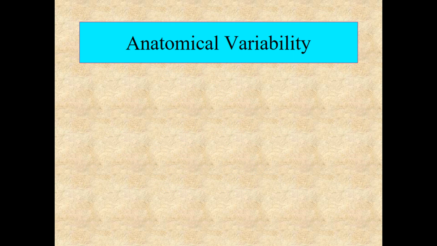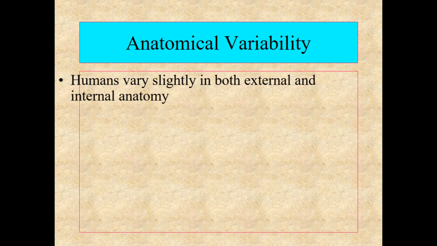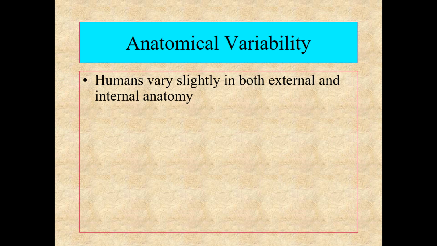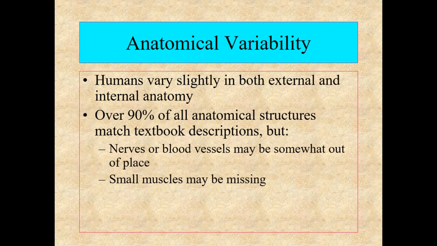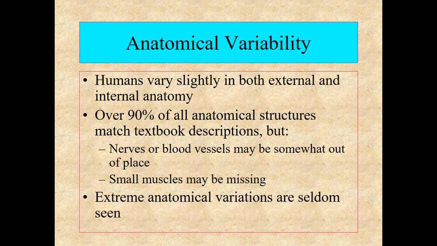And then we're just going to end with anatomical variability. This isn't something that I'm really going to hold you to, that I'm going to test you on, but just understand that when we go over these structures, there is going to be some variability from person to person. But overall, extreme anatomical variations are seldom seen.